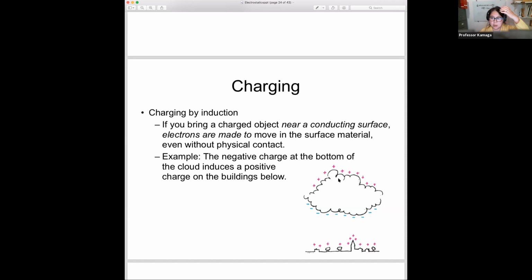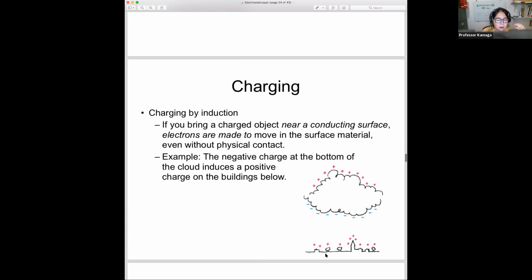The cloud is a bunch of water molecules, ice. Water is conductive. So when lots of ice piles up, you start to have some separation, induction of electric charge, because the surface of the ground is slightly positively charged.